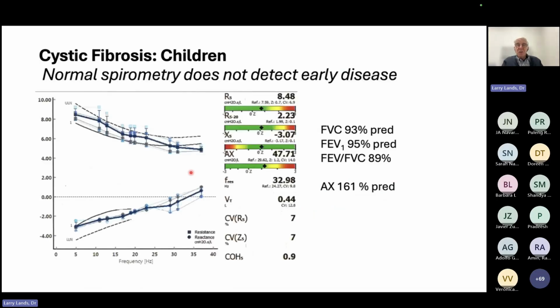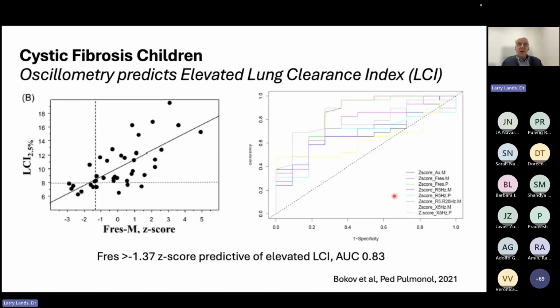We're starting to explore this now in cystic fibrosis. Here's a patient with totally normal spirometry, yet their area under the reactance curve, this whole area here, is markedly abnormal, and it speaks to small airways disease and ventilatory inhomogeneity in these patients.